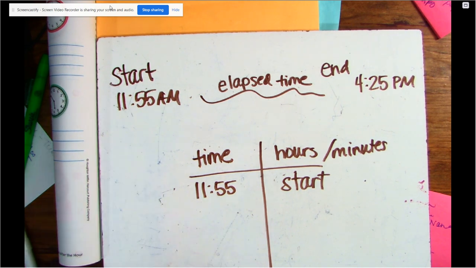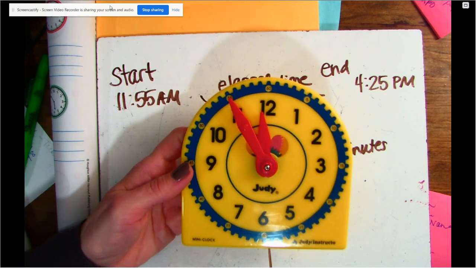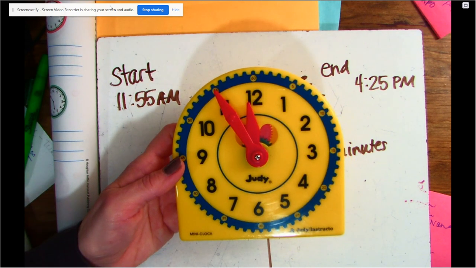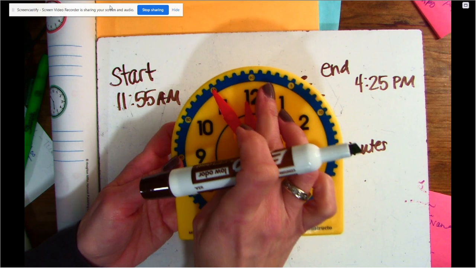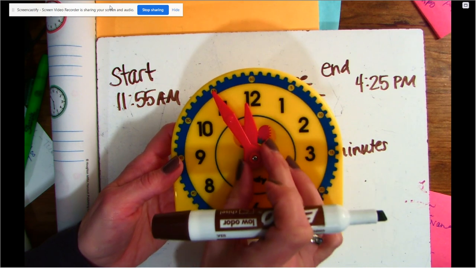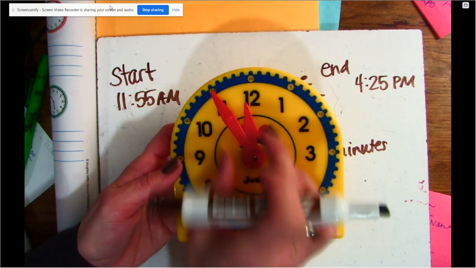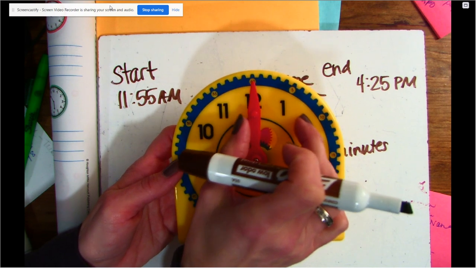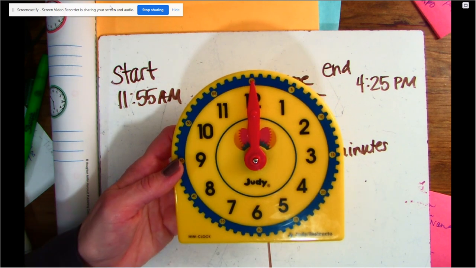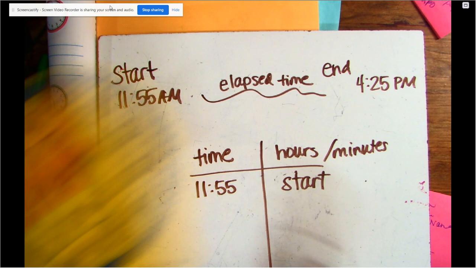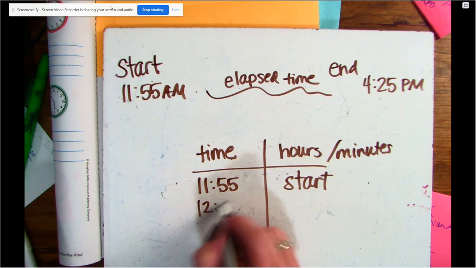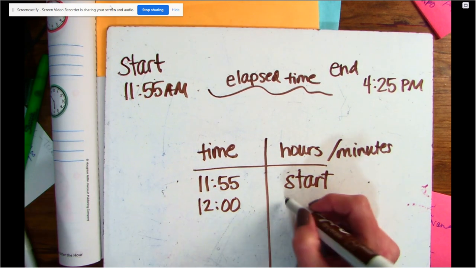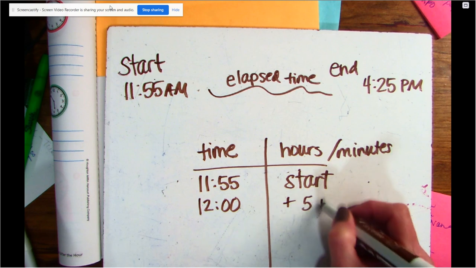What's my next hour? Here's what 11:55 looks like on my analog clock. It's almost 12 o'clock. How many minutes until the next hour? I've got 55 to 60, right? Because there are 60 minutes in an hour, there's 5 minutes. So I'm going to put down my next time as 12 o'clock, and I'm going to say plus 5 minutes.